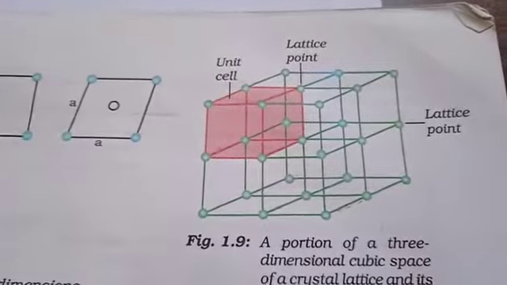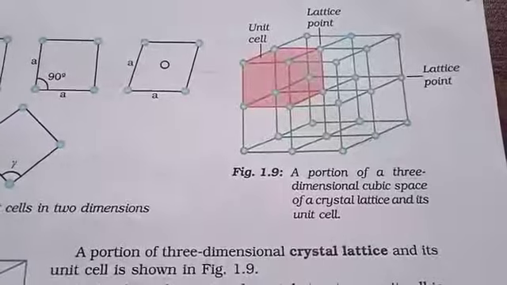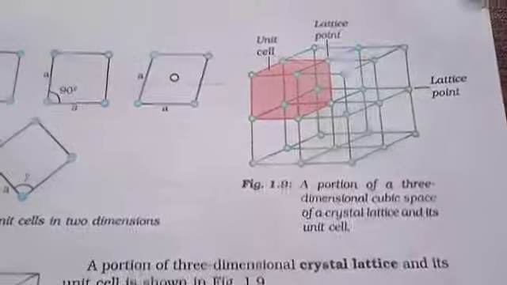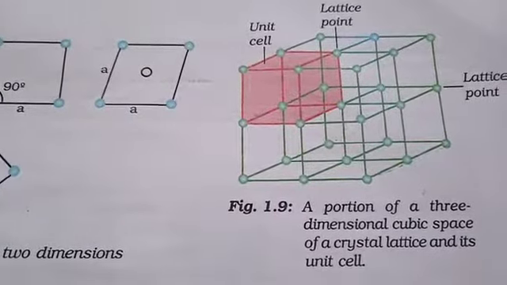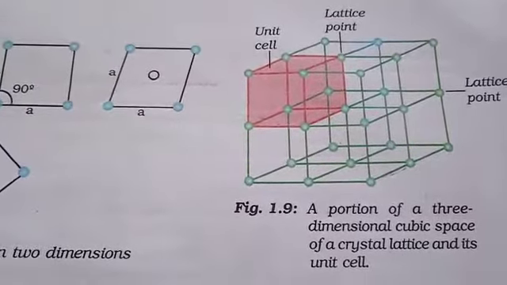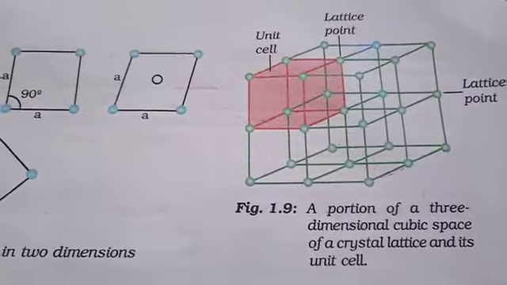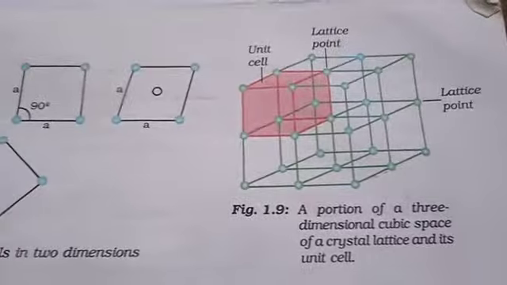I hope this is clear. Red is the unit cell, the smallest portion, or a part of a space lattice, and the whole, that is green, is the crystal or space lattice. Hope you understood the difference between the unit cell and the crystal lattice.